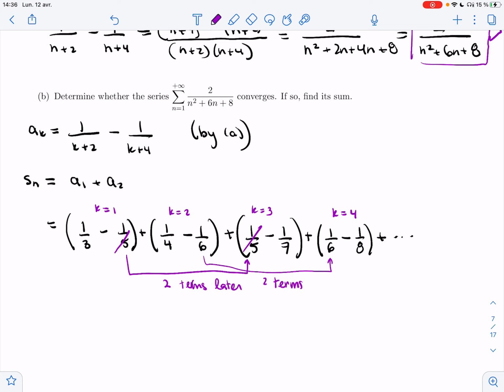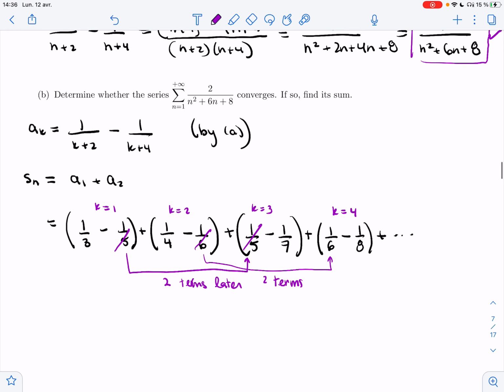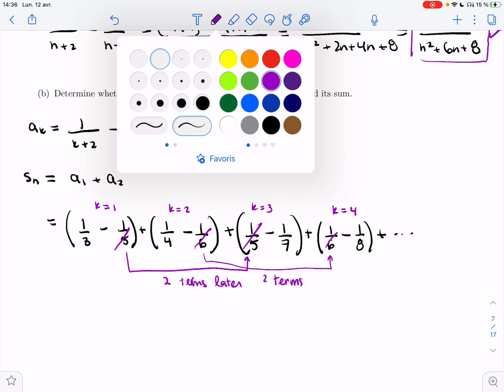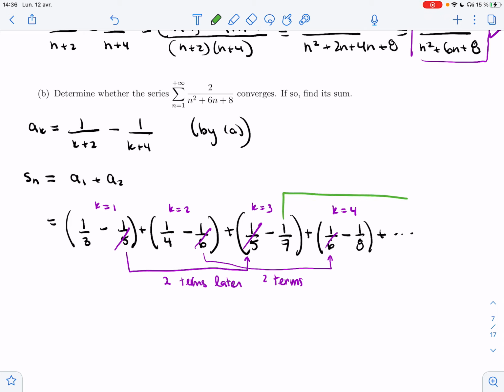Once you see this, you notice that the second chunk that we have will cancel with a later term. Let me write that here. 1/7 will cancel with the next one, and 1/8 with the one after that.